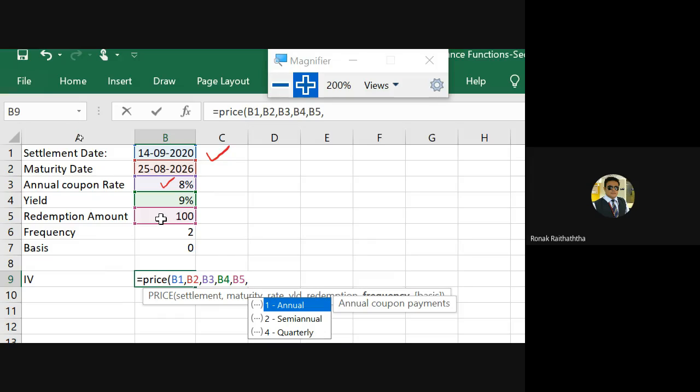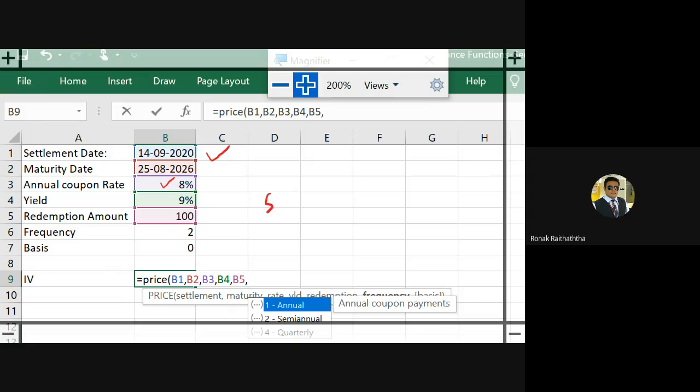Now frequency. Say if this bond is paying the interest on a semi-annual basis, then per year frequency of payment of interest will be 2. If the bond is making the payments on a quarterly basis, then the frequency shall be 4.